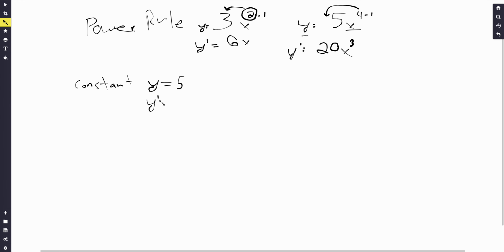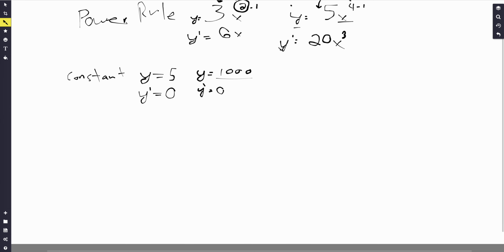So y prime would always equal 0. We can have another example where y is equal to 1000, let's just say. That's obviously a big jump from 5. Y prime would still equal 0. No matter how big you make this number, you can make it 1 billion, whatever, it would still equal 0.